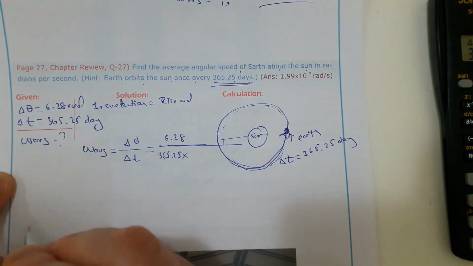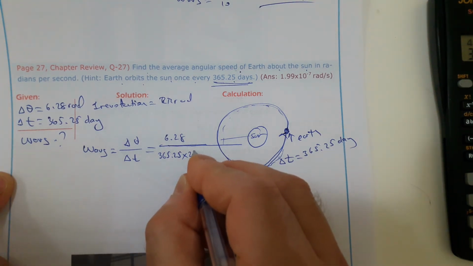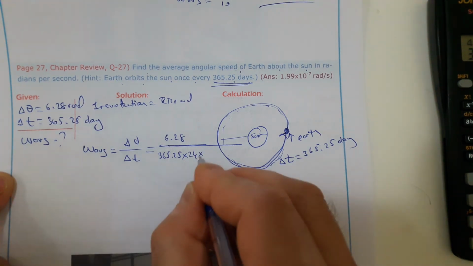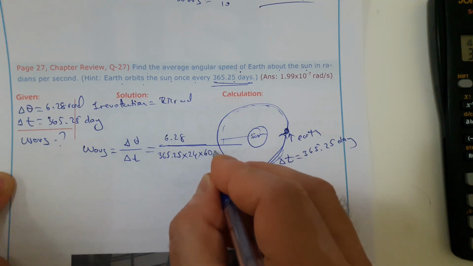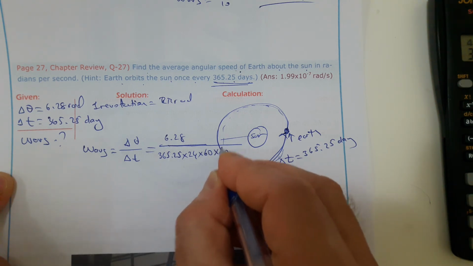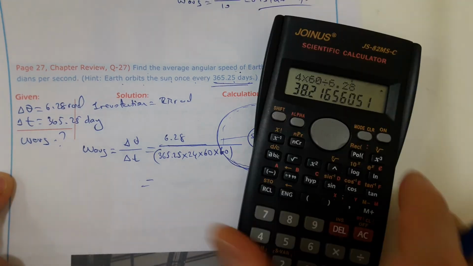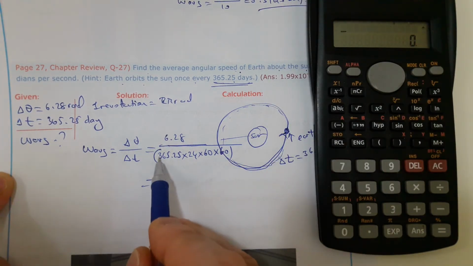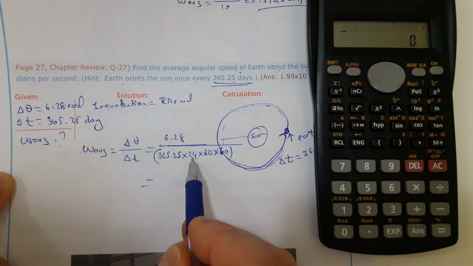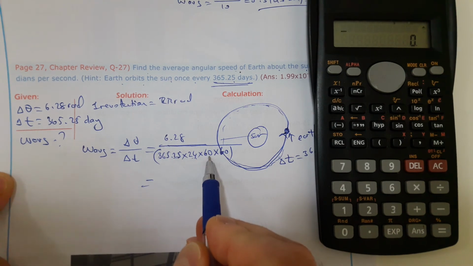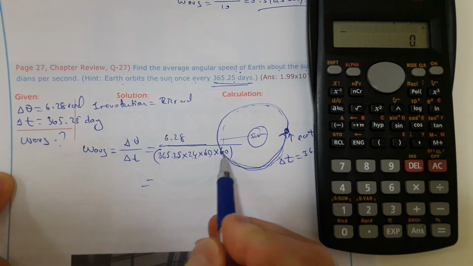365.25 days. Every day, how many hours? 24. Every hour, how many minutes? 60 minutes. Every minute, how many seconds? 60 seconds. When you multiply them all, you will get the answer. Let's do it now. 365.25 days, every day is 24 hours, every hour 60 minutes, every minute 60 seconds. Multiply them all.